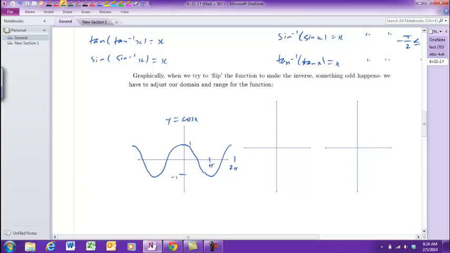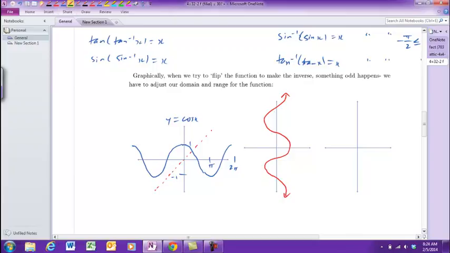Our normal cosine graph. And if I were to flip that, I would be drawing in my line at y equals x. And when I flip this over that red line, instead of going along the x-axis, this graph is now going to go along the y-axis. So it'll look like this. And now we have a problem because this isn't a function.